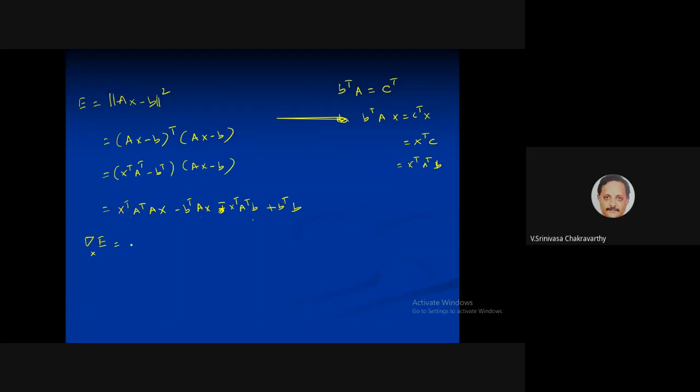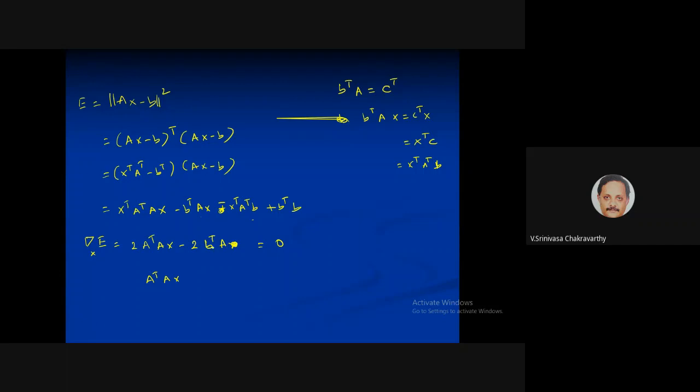So if I differentiate E with respect to x, you get a 2 factor out: 2 times A transpose A x minus 2 times b transpose A x. So this is the expression, and this has to be set equal to 0. Differentiating, x goes away.